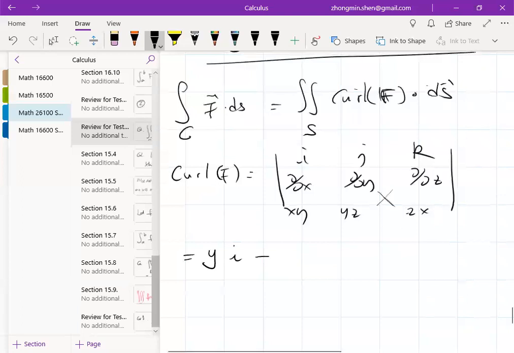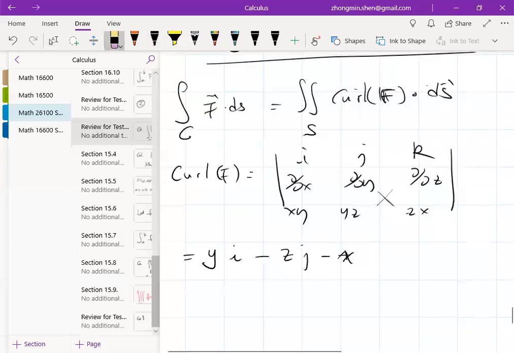Then the second one here is going to be minus z, and the third is minus x k.